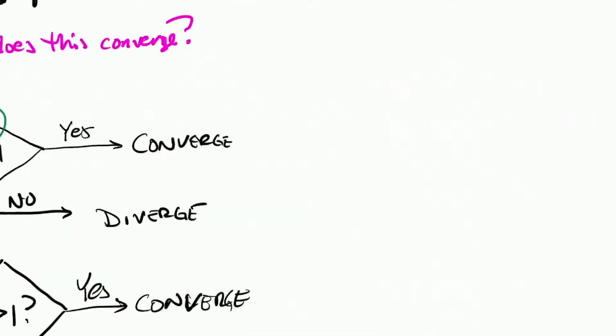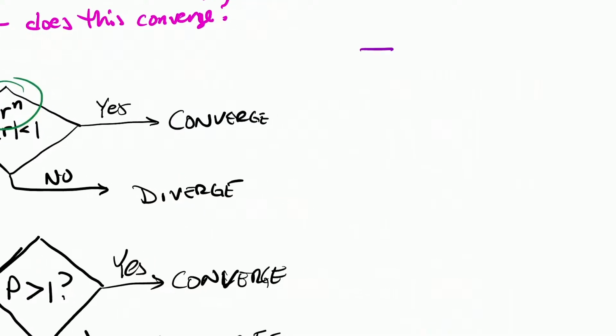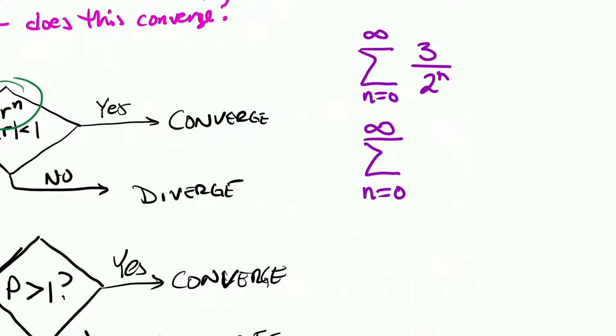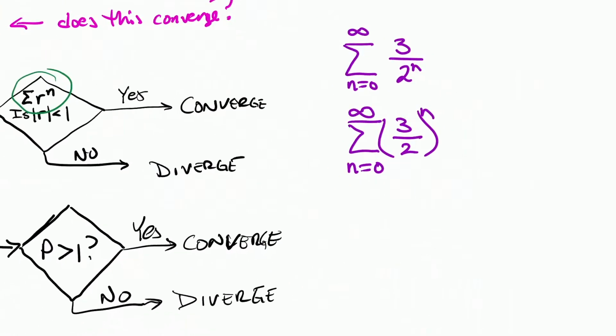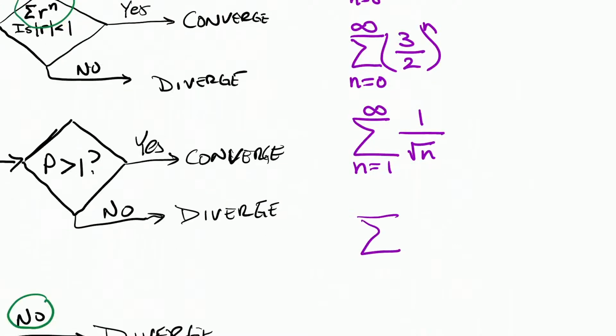Okay, so just to remind you, if you have a series like this, 3 over 2 to the n, or this, you can tell whether it converges. Let me just put down 2 more because we need to review both of these. Okay, so then we have this sort of a thing. And this sort of a thing.